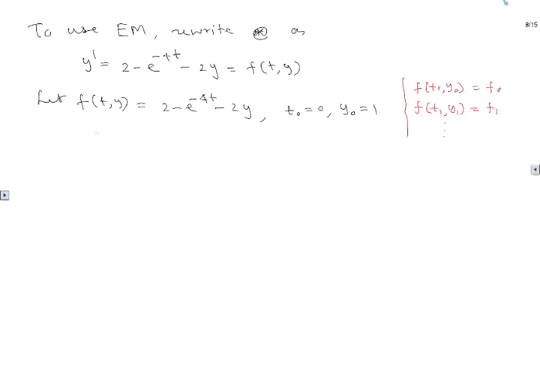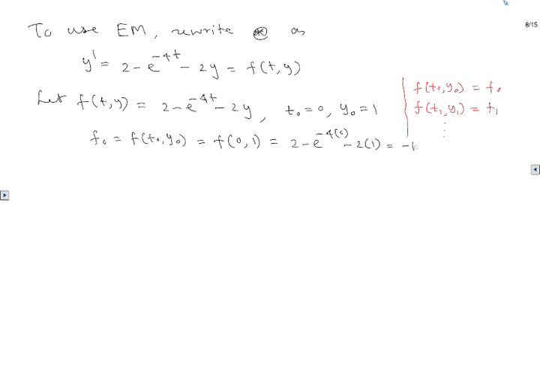So we can do f naught. F naught is simply f(t naught, y naught). So that means t naught is 0 and y naught is 1. So we're going to plug in those two values in the function. So it's 2 minus e to the minus 4 times 0 minus 2 times 1. If you calculate this, you end up getting negative 1.